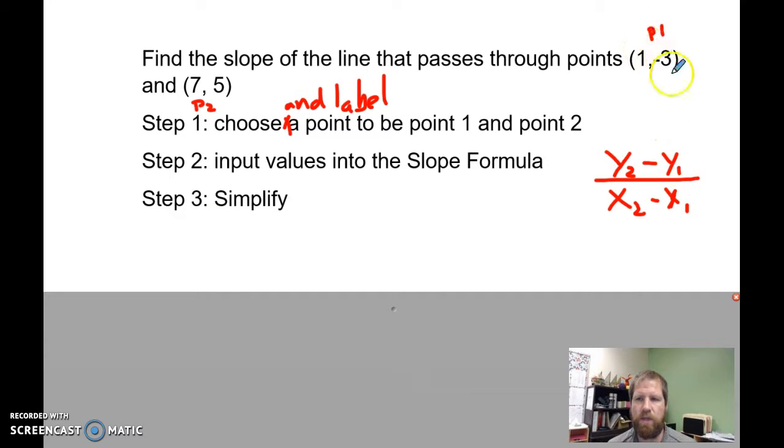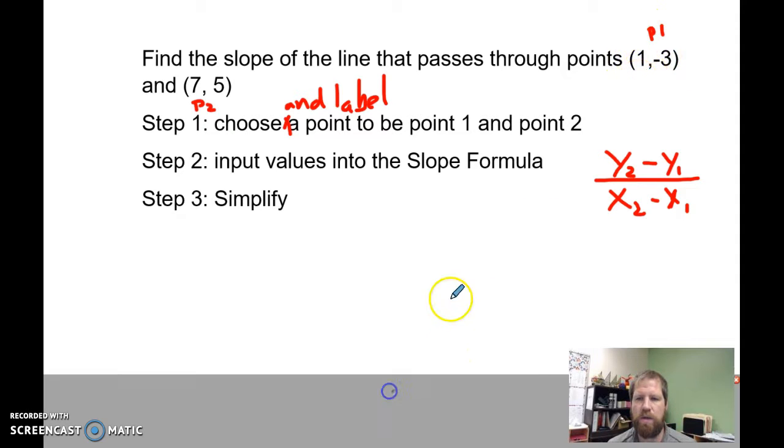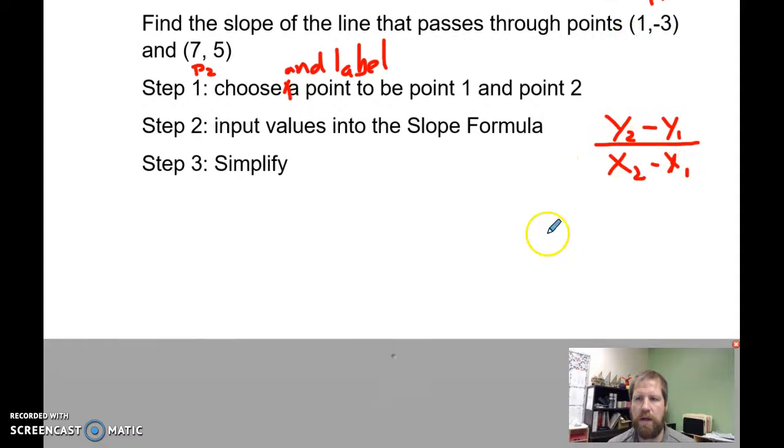And you'll see the reason why I say your point 1 should have any negatives in it is because when you substitute values, let's do that now. So for point 2, my y2 is going to be 5 minus, I'm going to put my parentheses, and this is the most common mistake.